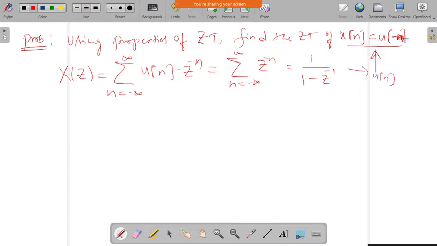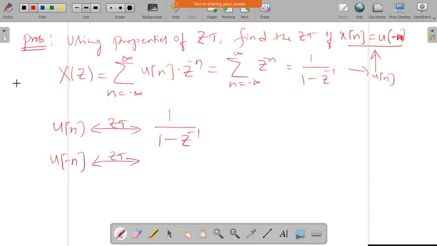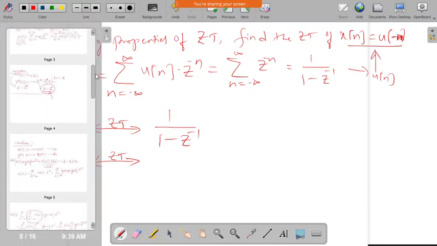Okay. But we have u of minus n, right? So the u of n has the corresponding z transform, which is equal to 1 over 1 minus z inverse. Now if we have the time reversal, wherever n is there, it will go to 1 by z in the corresponding z transform, is it not? That is the time reversal property we have seen here.